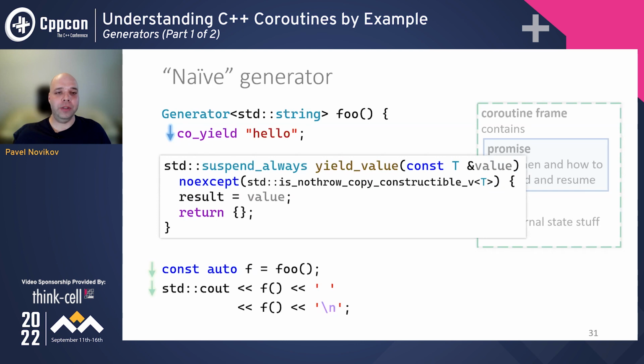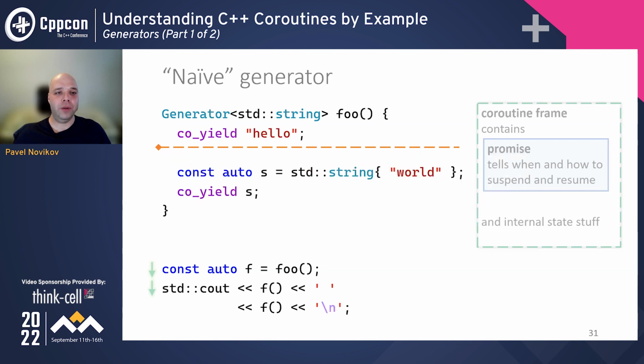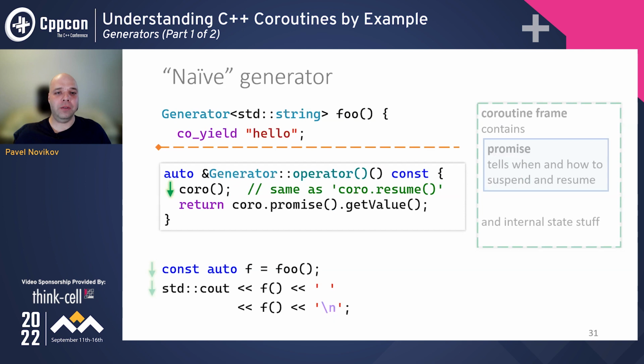When we co_yield something, yield_value on the promise object is called. In this case, we just store the result that is given to us in our promise, basically. After that, the awaitable that is returned from yield_value tells us that we have to suspend the coroutine. The coroutine suspends. The control gets back outside of coroutine resume.